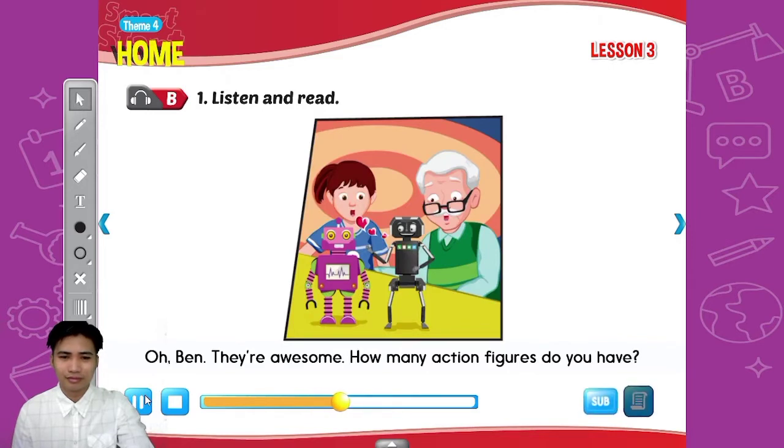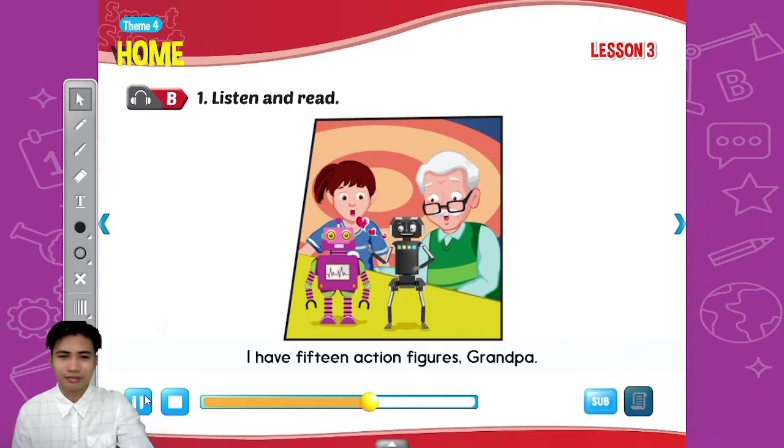Oh, Ben, they're awesome! How many action figures do you have? I have 15 action figures, Grandpa. 15? That's great! Hey, Ben, how many robots do you have? I have one robot. It's my favorite toy. Oh, Ben! Uh-oh.